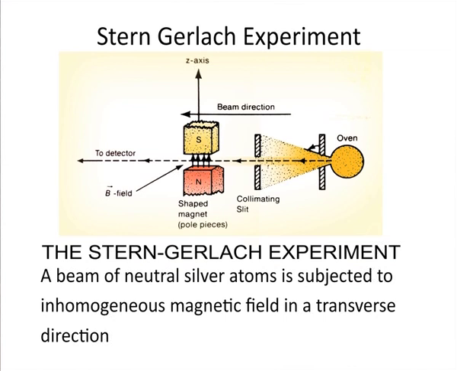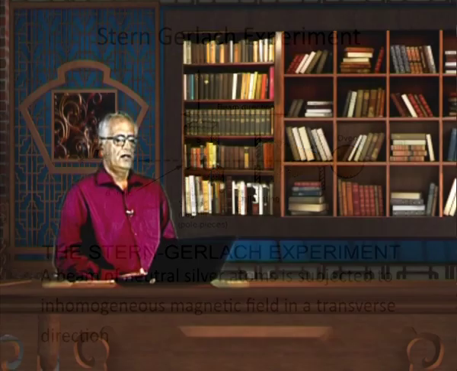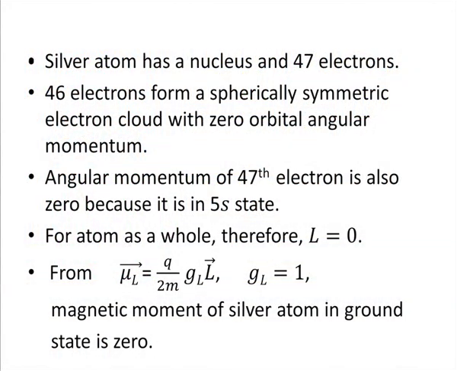Now, this is Stern-Gerlach experiment. You see in the slide, a beam of neutral silver atoms is subjected to inhomogeneous magnetic field in a transverse direction. This is the basic arrangement. Now, silver atom has a nucleus and 47 electrons. 46 electrons form a spherically symmetric electron cloud with 0 orbital angular momentum.